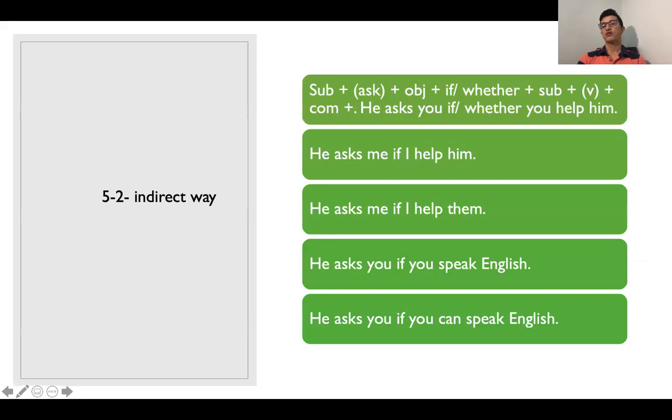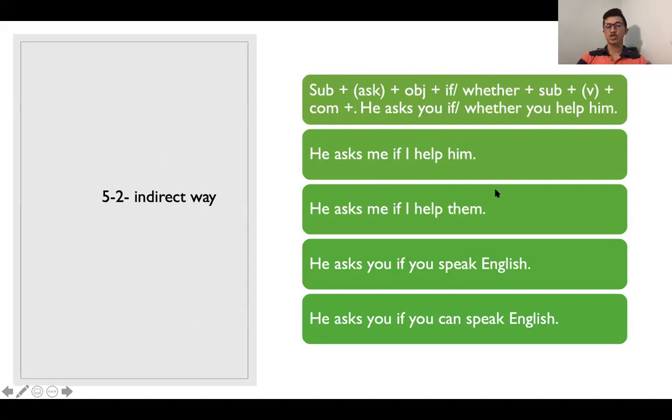In the indirect way, you can use this formula, okay? Subject plus ask plus object plus if or whether plus subject plus verb plus complement, okay? Like this. He asked you if you help him. He asked you whether you help him, okay?